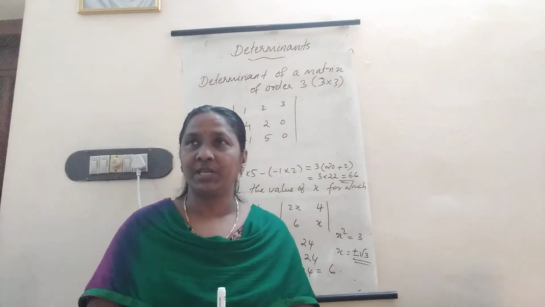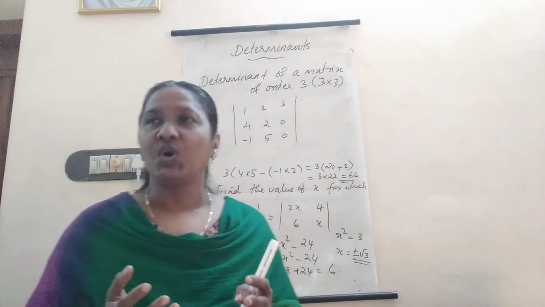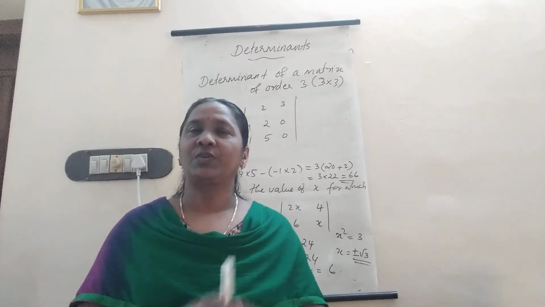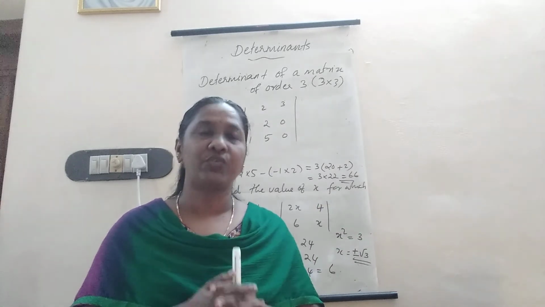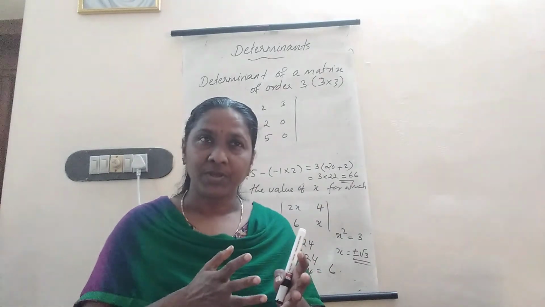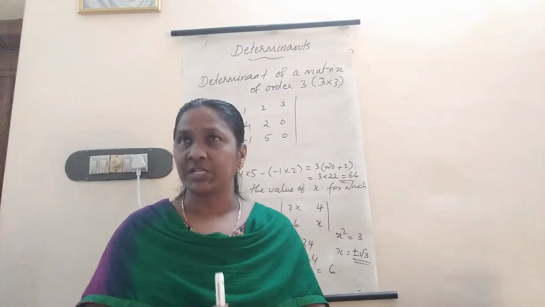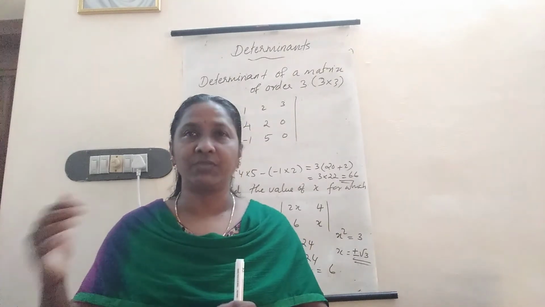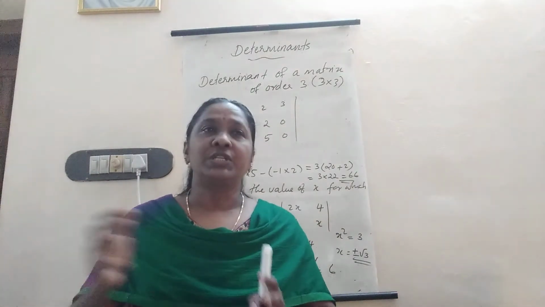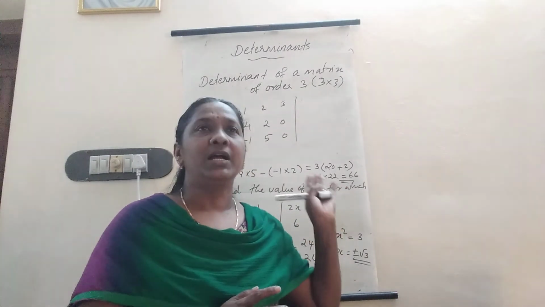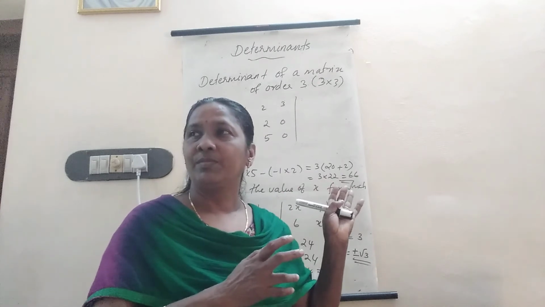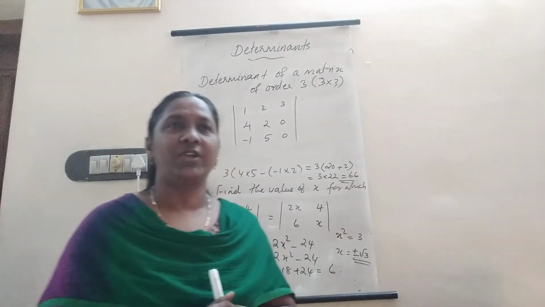And especially, we can find the inverse of a matrix using determinants. In the previous chapter we learned how to find the inverse of a matrix using elementary row or column transformations. That is a little difficult, or the calculation is lengthy. Here we can find the inverse in a better way.